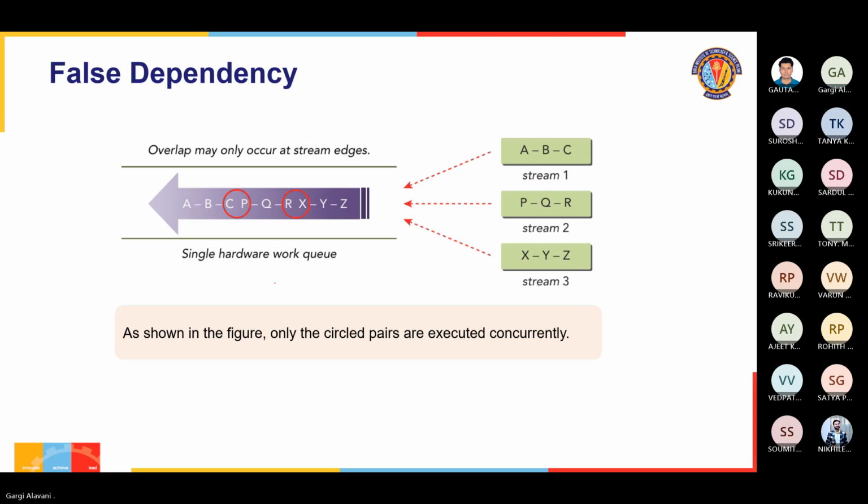So in Fermi architecture, there were two problems. One is it had a single hardware queue. So this is a hardware queue.